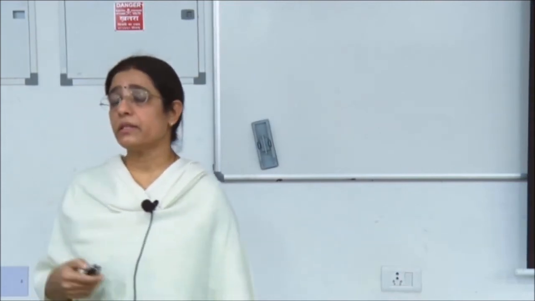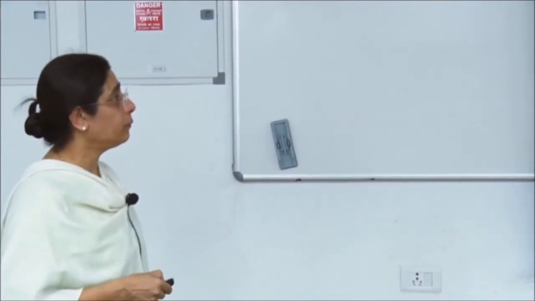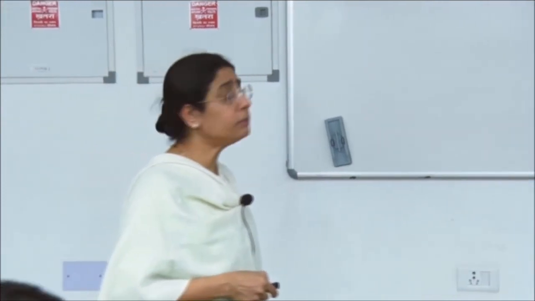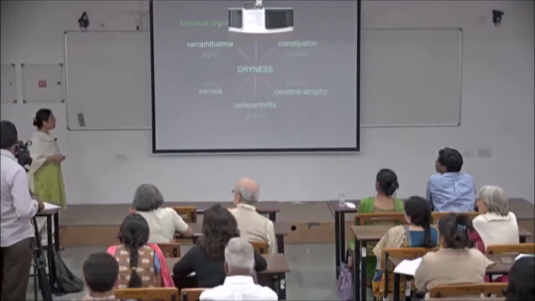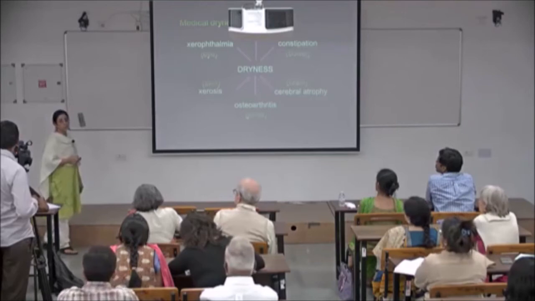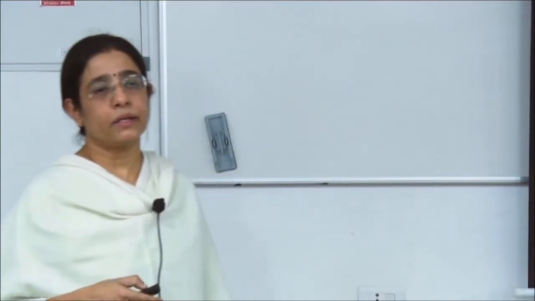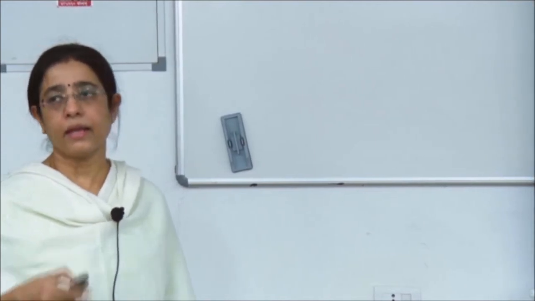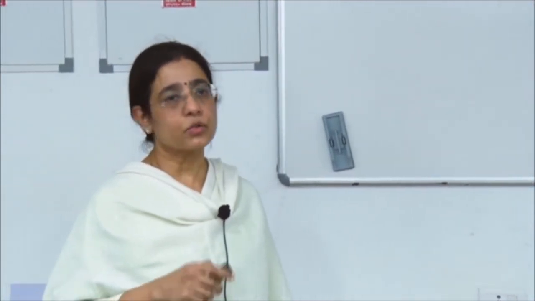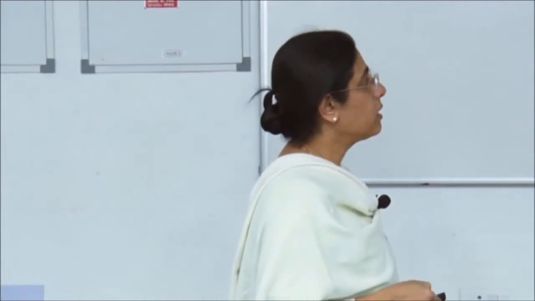So the treatment is addressing not only the causative factor but the property. Dryness is a property, right? So the treatment in Ayurveda does not address any particular organ. There is no targeting of organ structural entities. It targets properties.